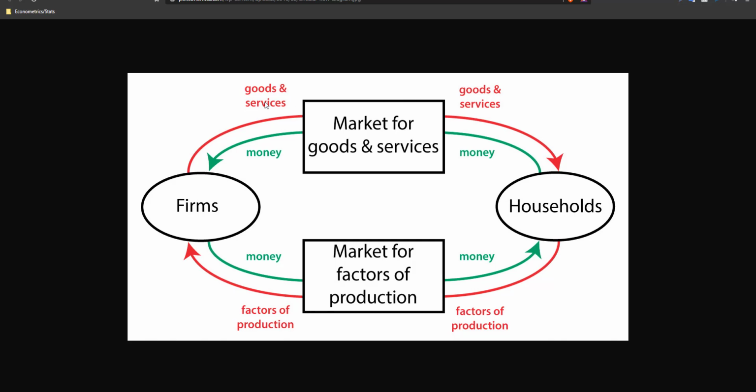This is equal to aggregate expenditure, because if a car costs, I don't know, $9,000, well, households are going to pay $9,000 for it. So the monetary value of everything produced in the economy is equivalent to how much money is being spent by households, which kind of makes sense, right?